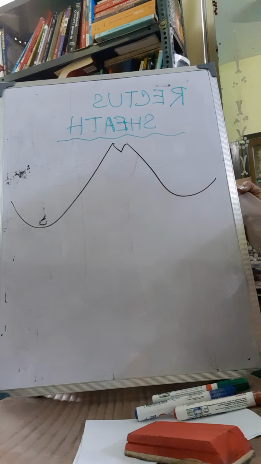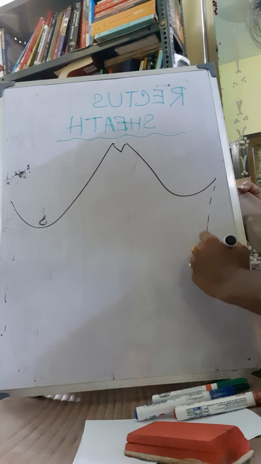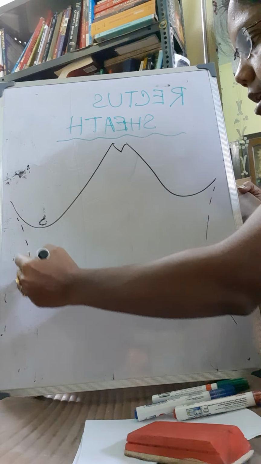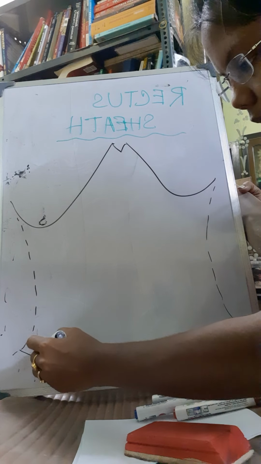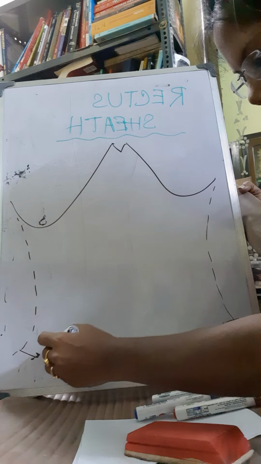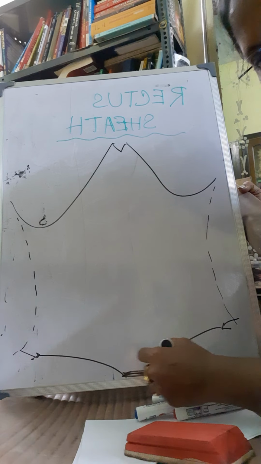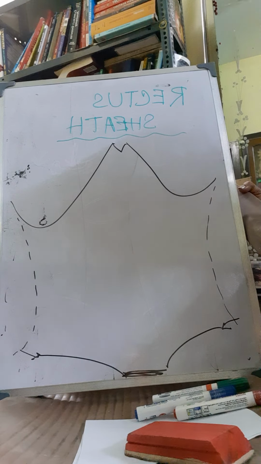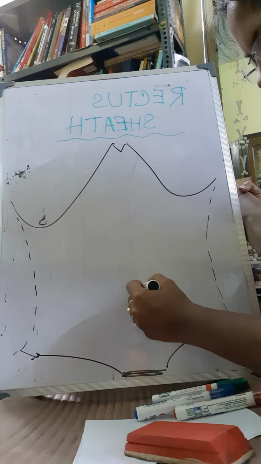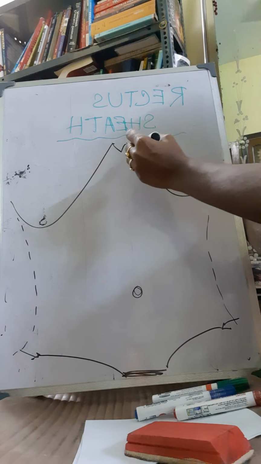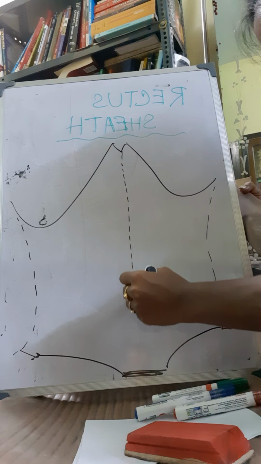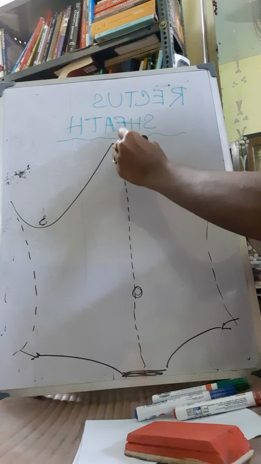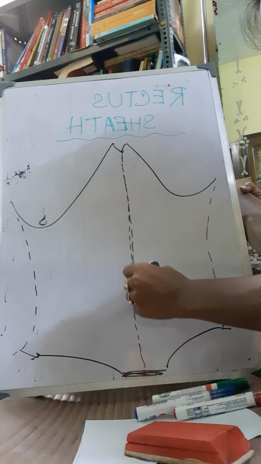This is the right and left costal margins, mid axillary line on both sides, anterior superior iliac spine, and this portion is the symphysis pubis. And this is the position for the umbilicus, and this one is the linea alba.